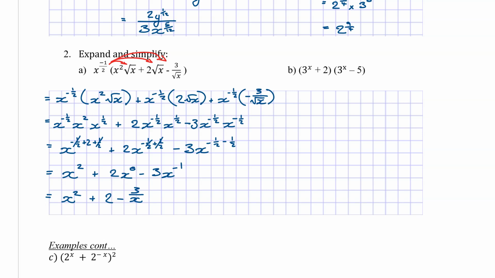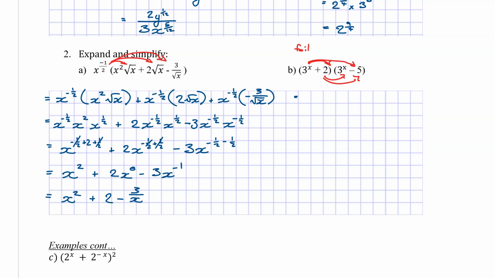Now going onwards, in part B we're posed with something a little bit different to what we've seen before. So we're going to use the FOIL method, but notice we've got these variables in the power, but even still we'll deal with it the same as we would any other problem. So to open it up, we'll break it up like that, and then like that, and then we'll deal with this unknown after.